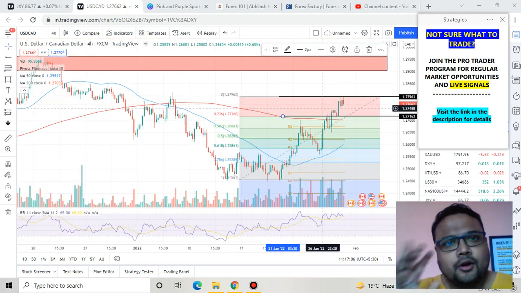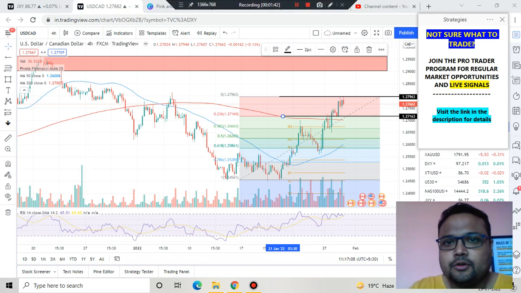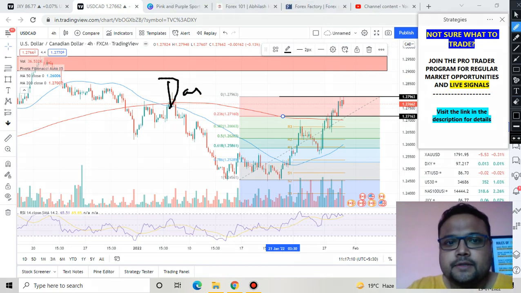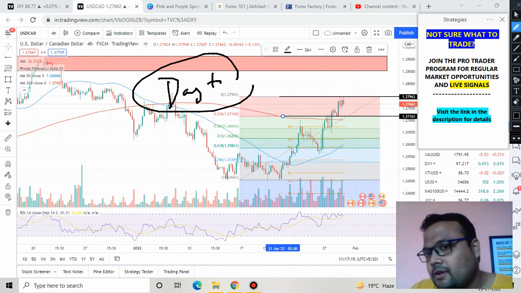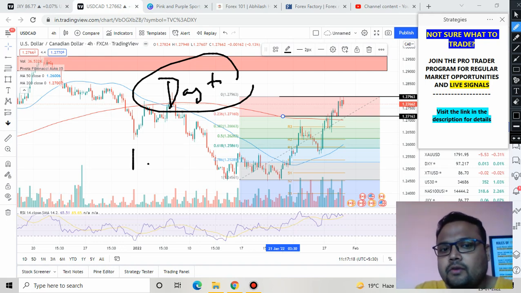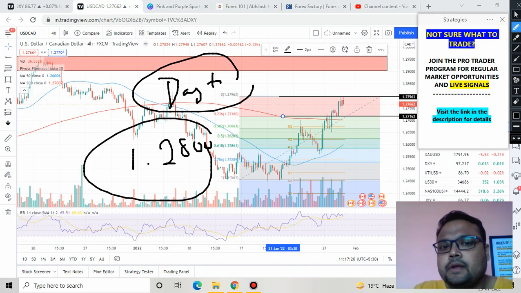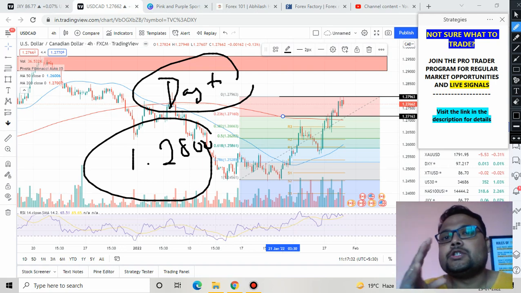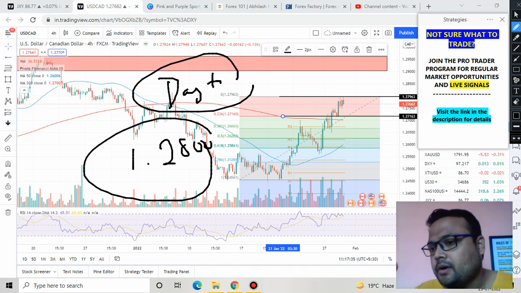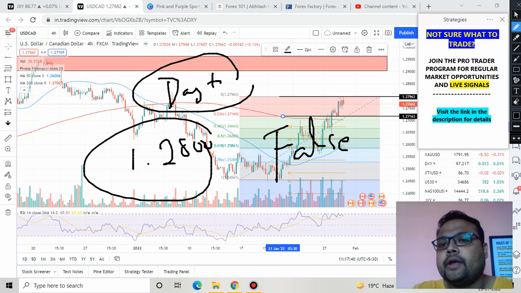Anyways, for day trading purposes, I would like to talk about day trading first. If the market crosses the level of 1.2800, and you see that USD CAD is bullish enough, if you see a big fat green candle crossing the resistance, then wait for some time and see how the market is doing. The waiting period is very important to identify a false breakout.